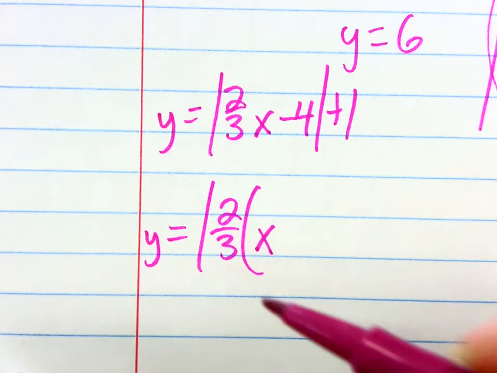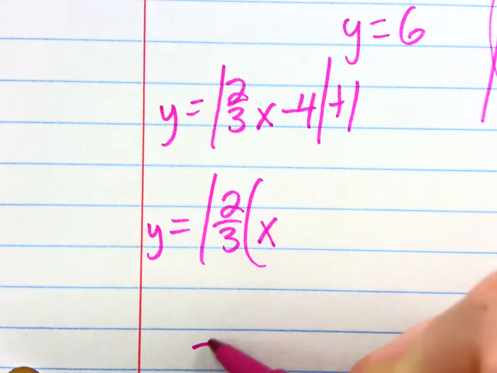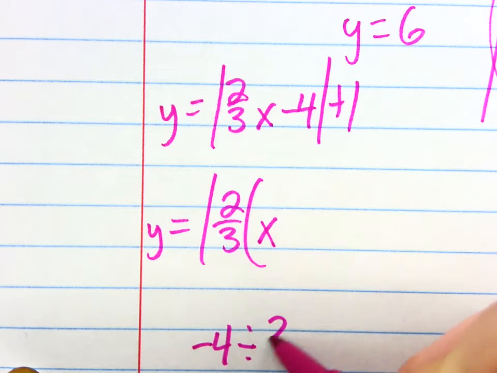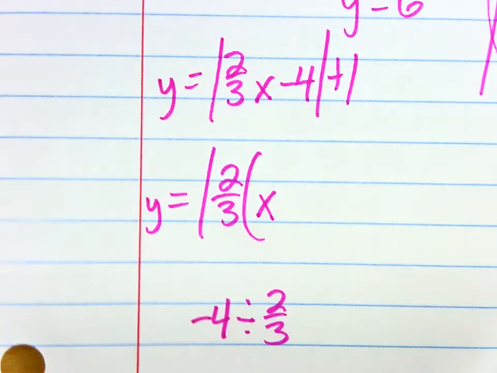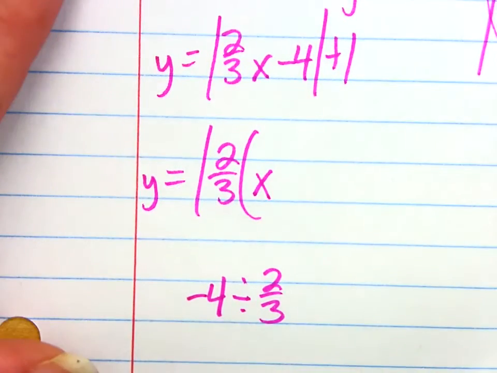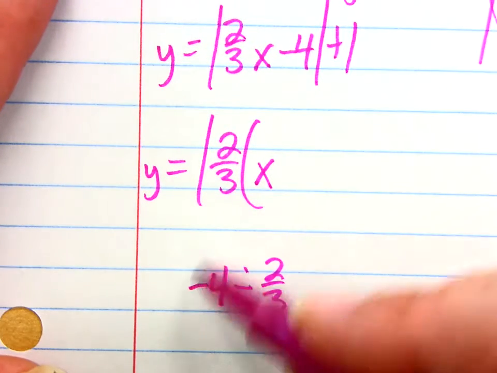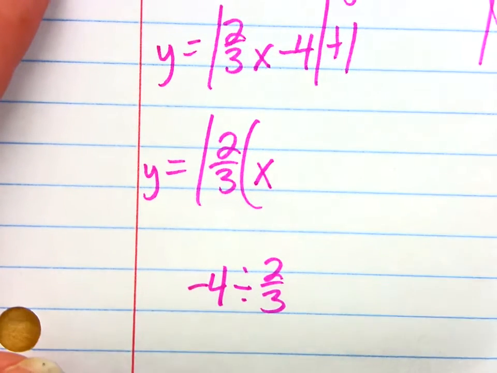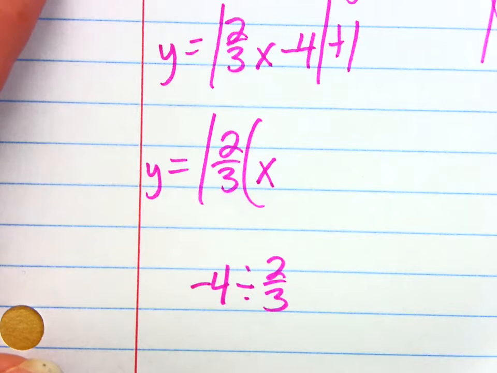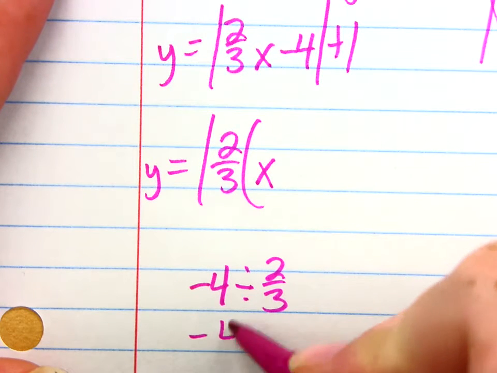I'm actually going to do a little bit of scratch work down here. I want to do negative 4 divided by 2/3. Well, ladies and gentlemen, how do you handle this? Yes, I change it to multiplication of the reciprocal.